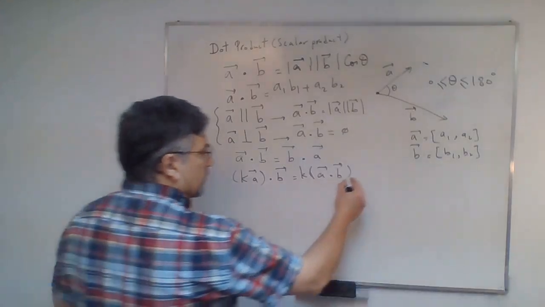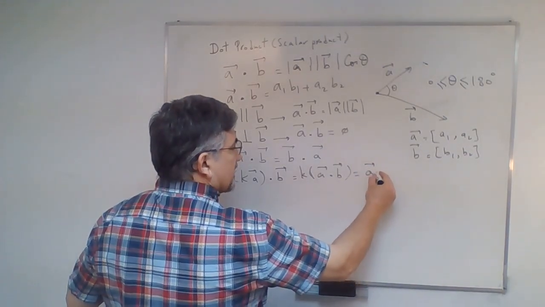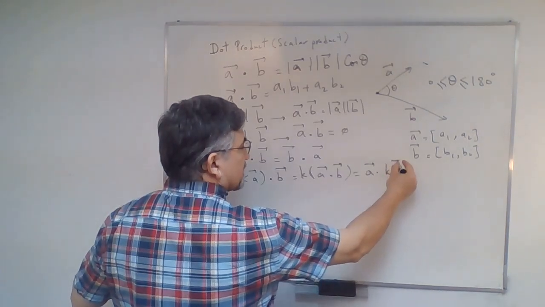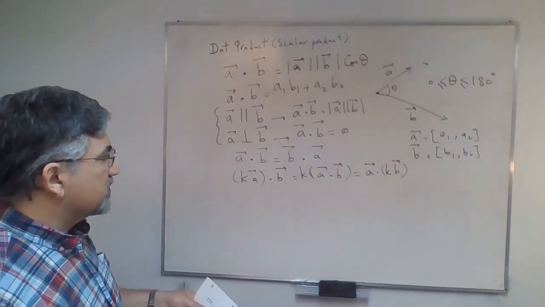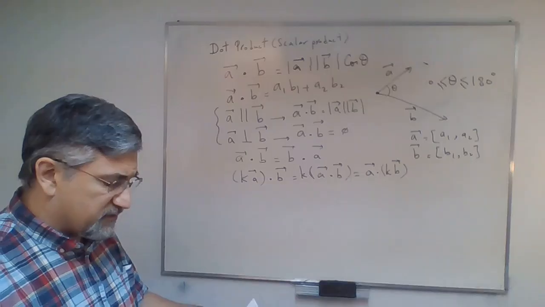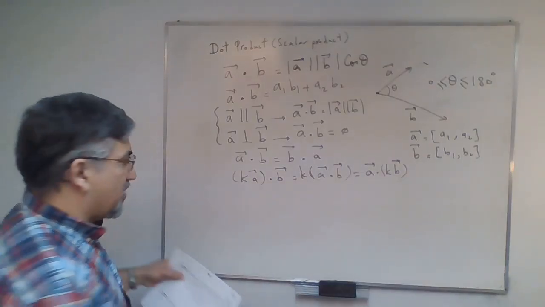And you can also find the dot product of A with K times vector B. Other than commutative and associative properties, it also has the distributive property.